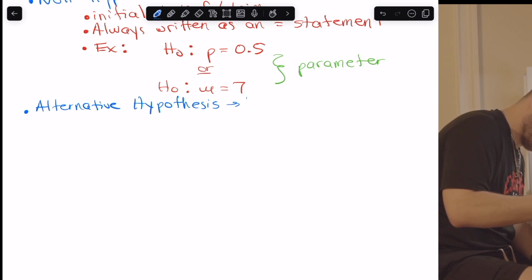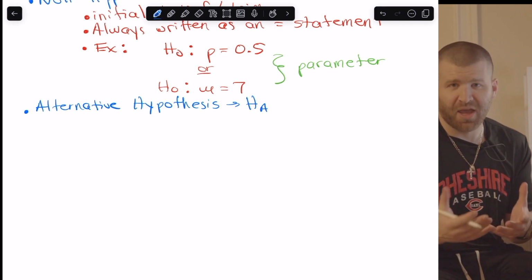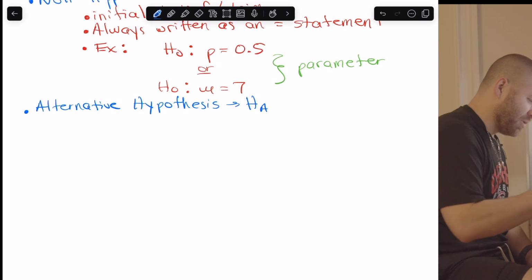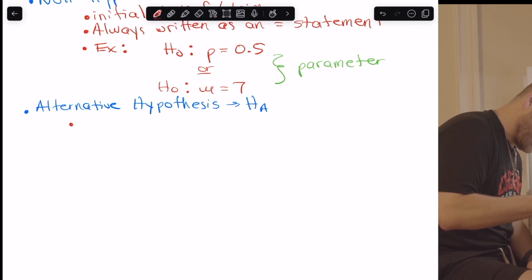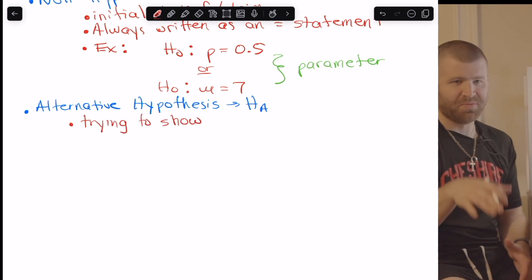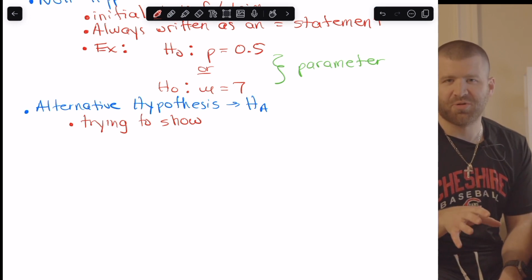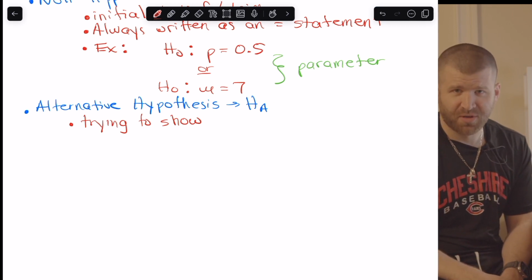So the next thing, after our null hypothesis, is our alternative hypothesis. And the notation for this is H with a subscript of a capital A, which I think makes sense for alternative. Now, the important thing about your alternative hypothesis is that this is what you're trying to show. So, for example, let's say that there's a national organization that claims that 80% of people pass their driver's test on the first attempt.